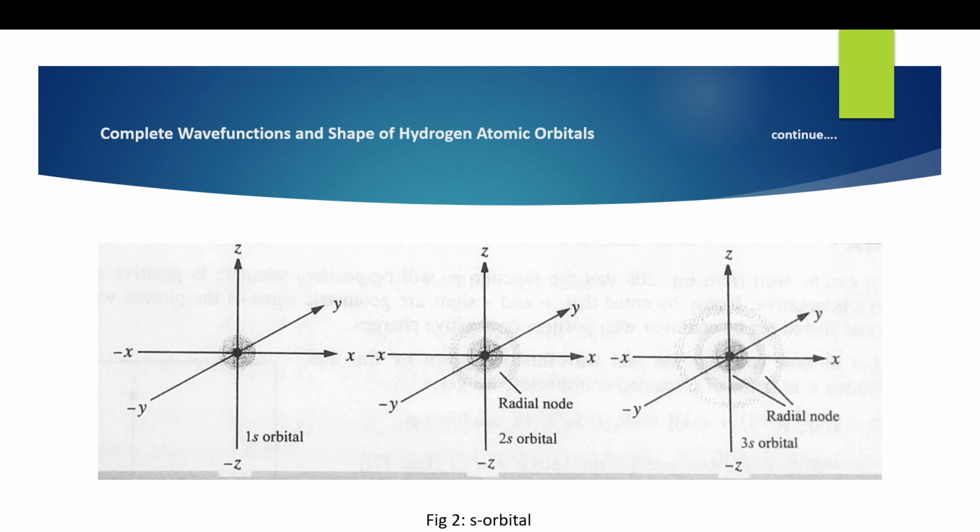Note that Bohr gave discrete circular orbits, but later that concept could not be accepted. The concept of Heisenberg uncertainty and the principle of probability came into the picture. So here these s orbitals contain electronic clouds, not discrete energy orbits. And there is a nodal plane between 2s and 1s.